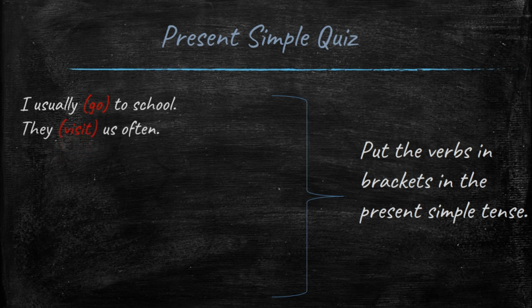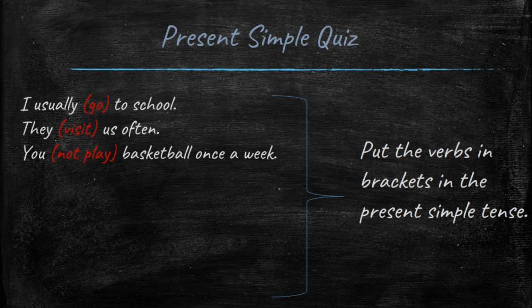Number 2, they visit us often. In this case we have they as a subject, so we should use the base form of the verb, which is visit. So it stays the same, we just remove the brackets and we say they visit us often. Number 3, you do not play basketball once a week.